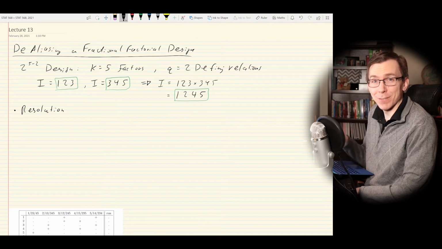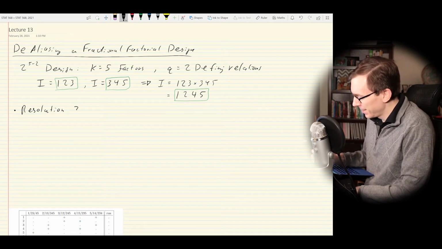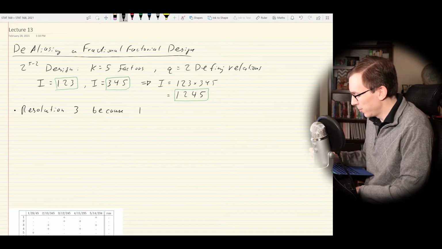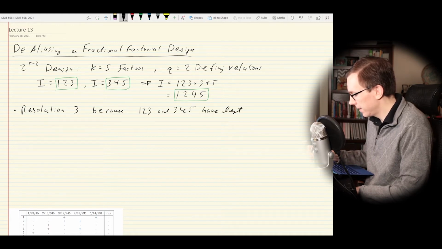It has a resolution of 3 because 1, 2, 3 and 3, 4, 5 have length 3, and 1, 2, 4, 5 has length 4.